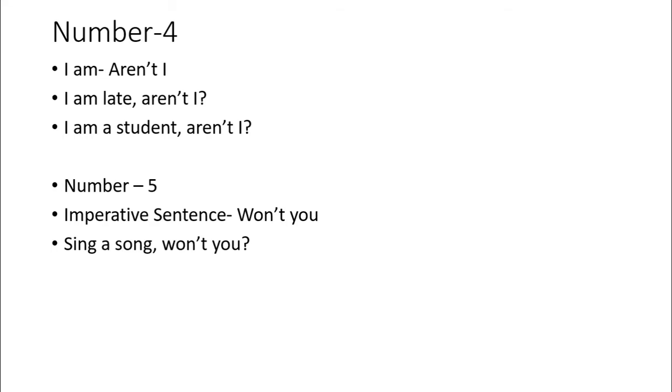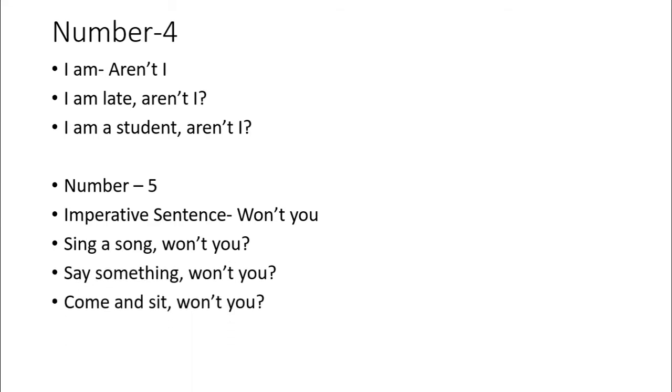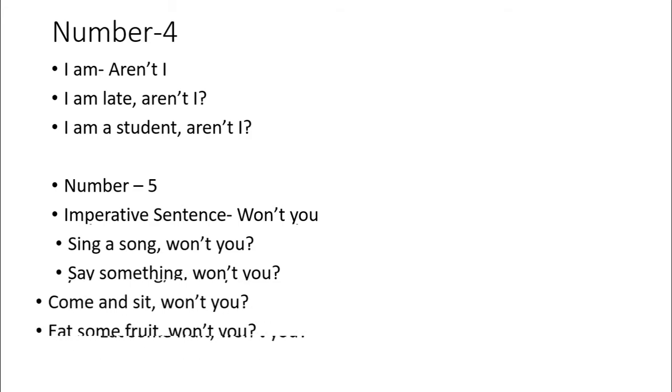When a sentence starts with a verb, we call it an imperative sentence. As we are instructed to use won't you, we have followed the instruction. Sing a song, won't you? Say something, won't you? Come and sit, won't you? Eat some fruit, won't you?